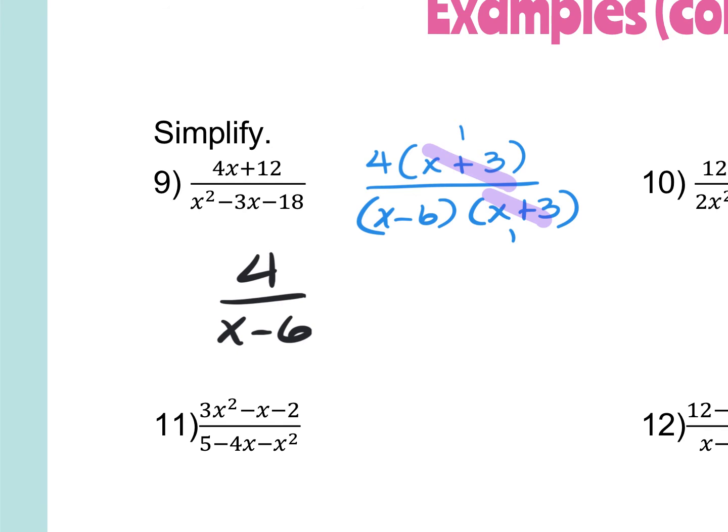The next one, I am going to factor both the numerator and the denominator, both trinomials. Now, you can either choose to guess and test for that denominator, or you could factor by grouping, either way.